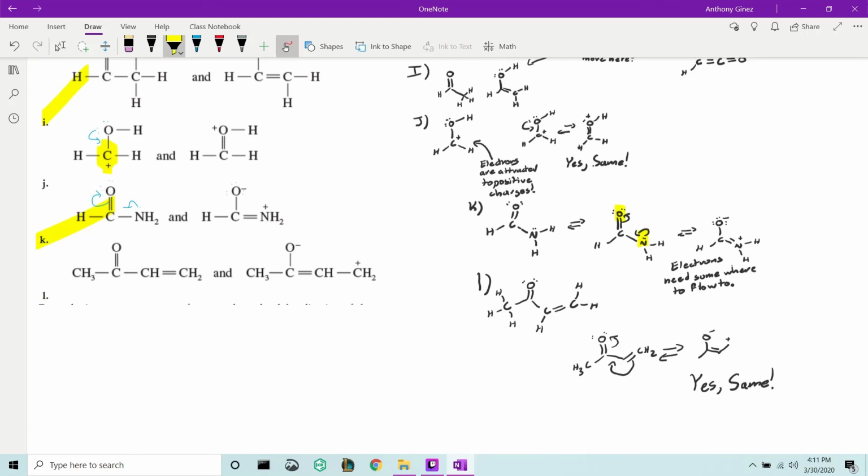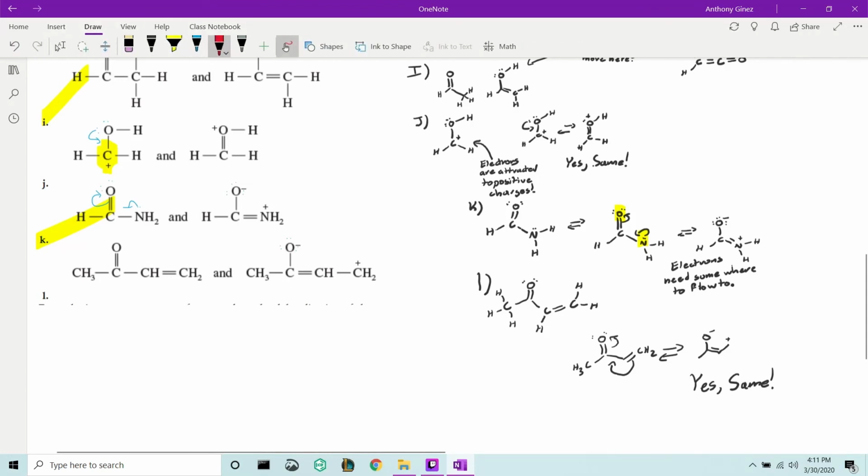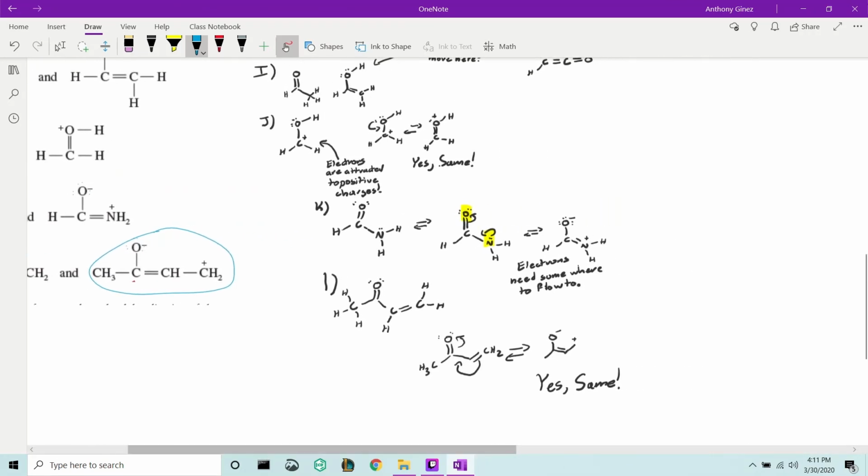In L, what do we see? I see an electron-rich species in this oxygen here. I see an electron-deficient species in this carbon here because of the oxygen pulling the electrons in the first place. And I see a double bond rich in electrons here. So I see the electrons moving from here to here, forming this intermediate, which is indeed the case as shown here.